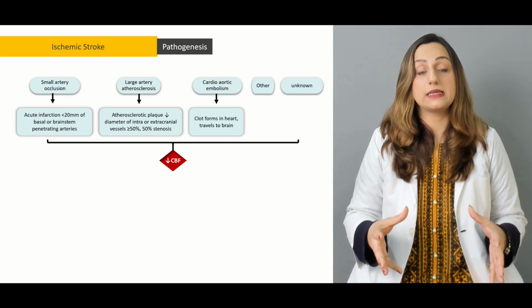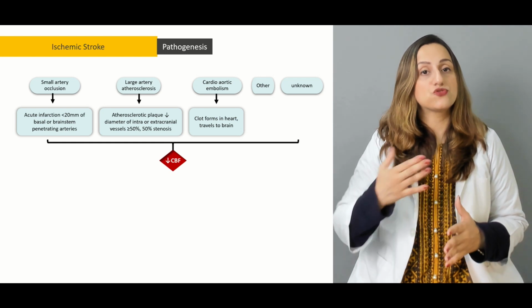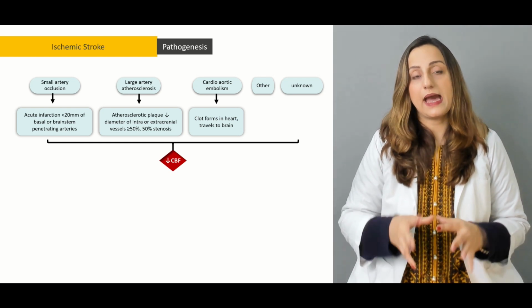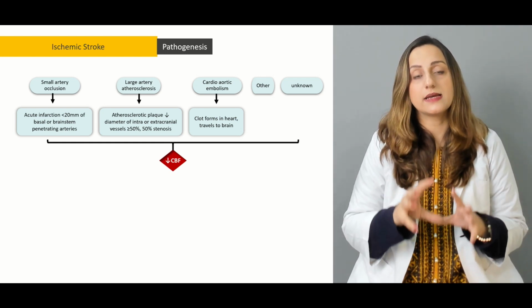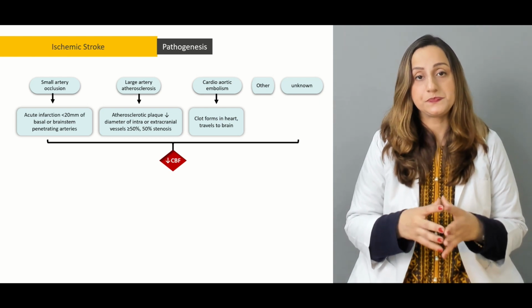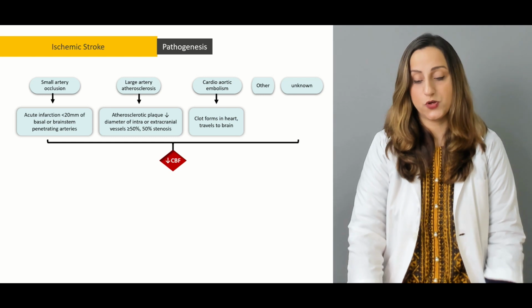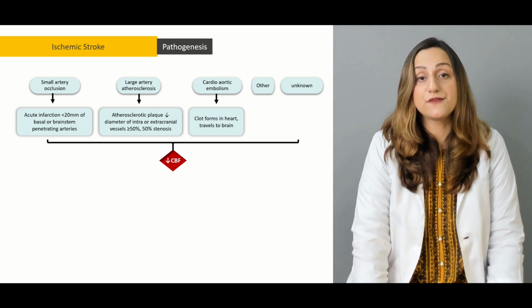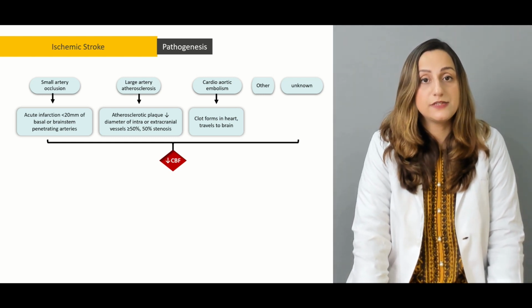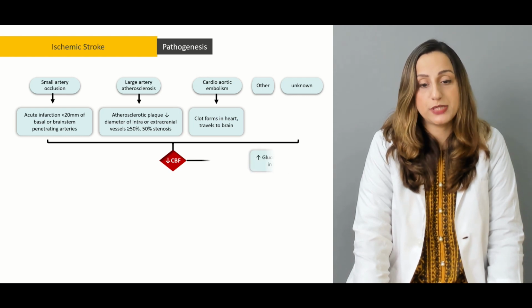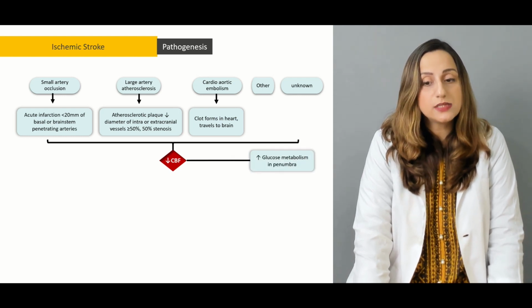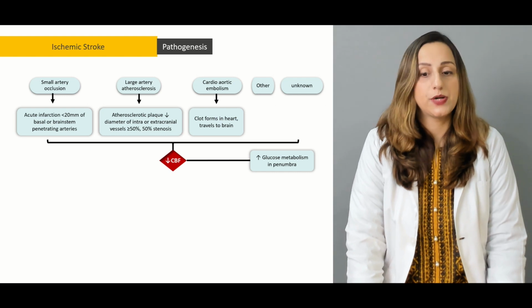Whatever the condition is, if the plaque has traveled towards the brain and it has reached a certain area, it has blocked a certain vasculature, it is going to result in a decrease in the cerebral blood flow. That is a major event in the development of the ischemic stroke of a patient. An increase in the glucose metabolism in the penumbra.